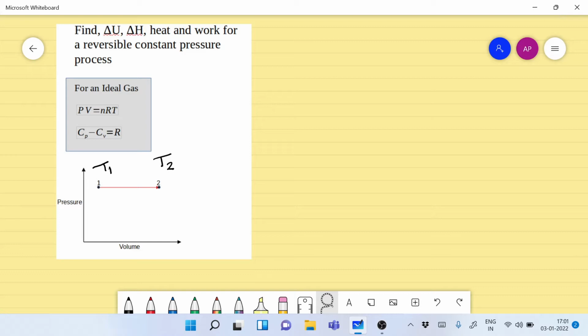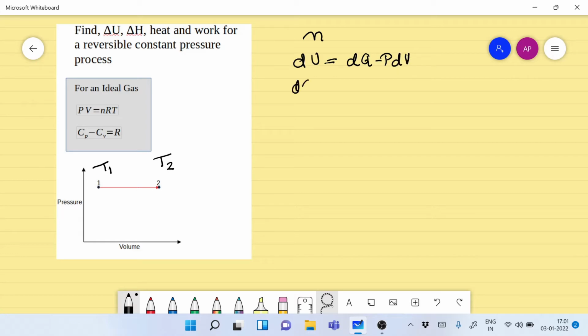Now we apply the first law to this process. We assume that the system is a closed system. So the number of moles N is constant. Applying the first law, we get dU is equal to dQ minus P dV.